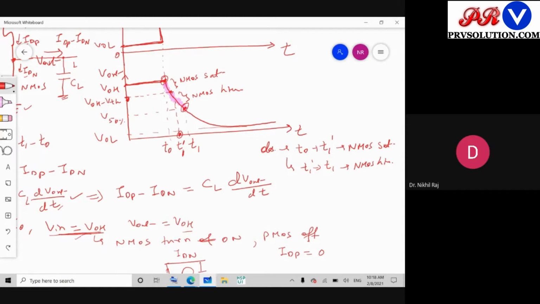Now, why do we need both time intervals? Because TPLH is nothing but this complete duration, which will give me the value. So we need to analyze. We have to do the analysis in both time intervals. So this is the conclusion from the graph, and now one by one we'll do the analysis part.